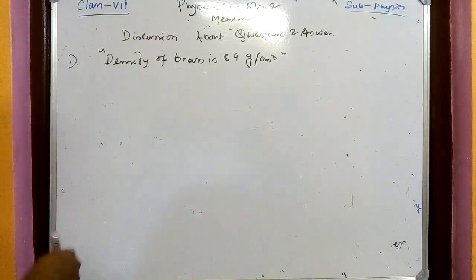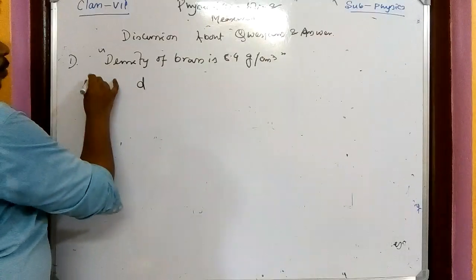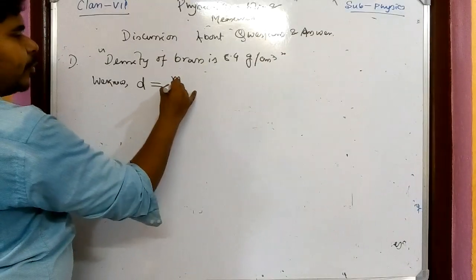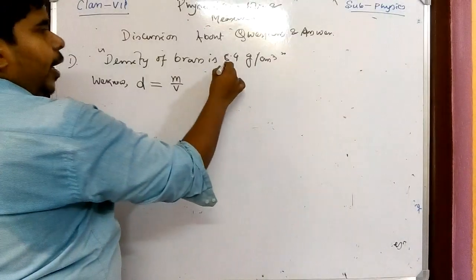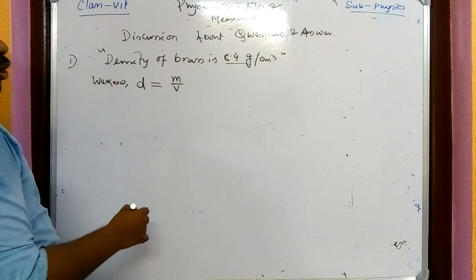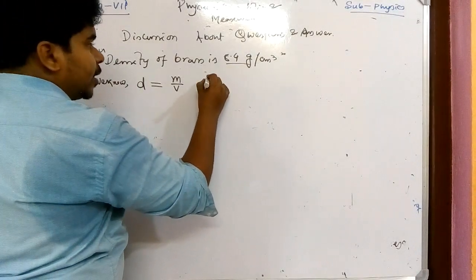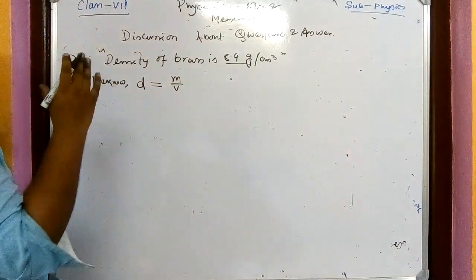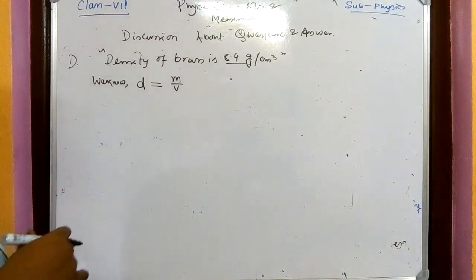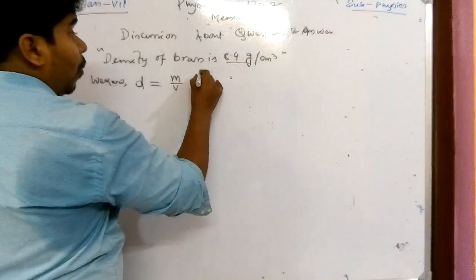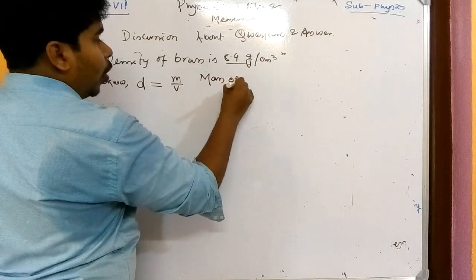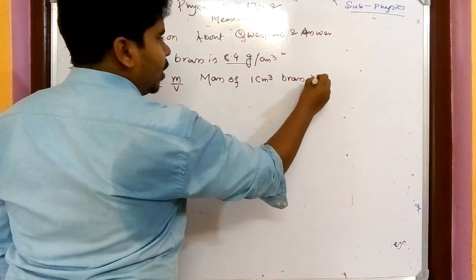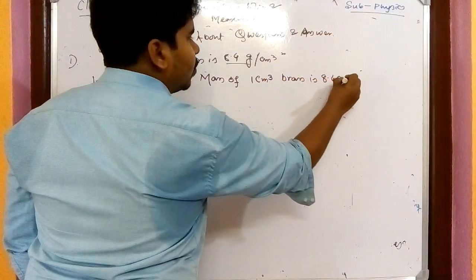See, we know density D equals M by V. So here 8.4 gram per centimeter cube means the density of brass is 8.4 gram per centimeter cube, means mass of 1 centimeter cube brass is 8.4 gram.